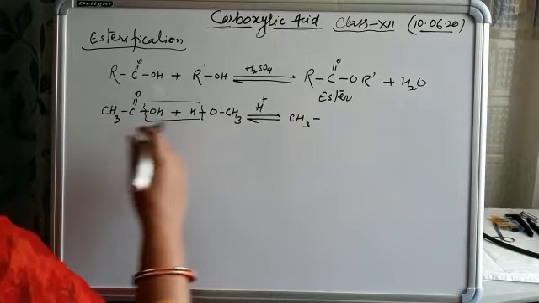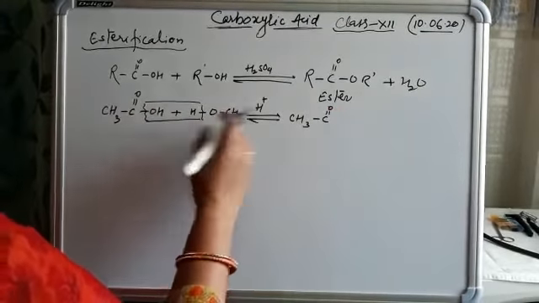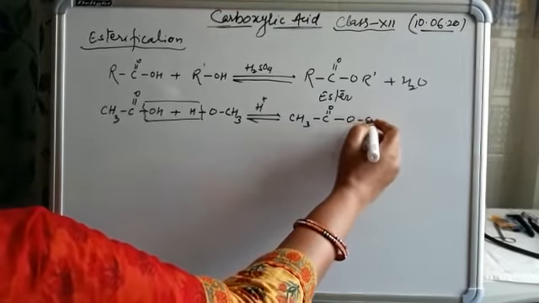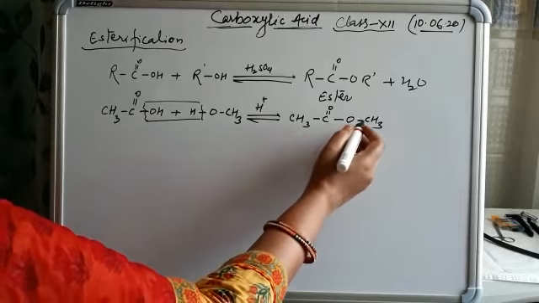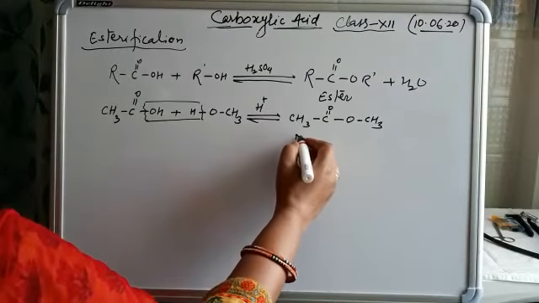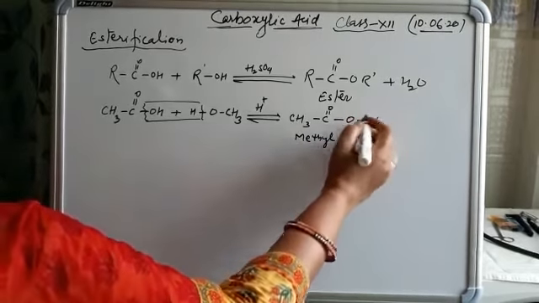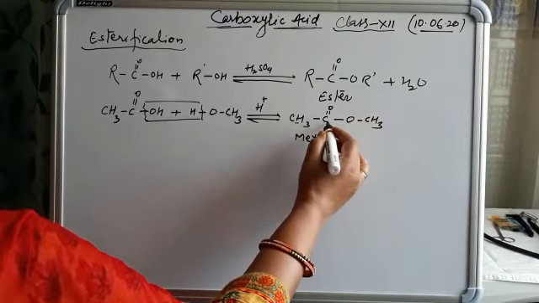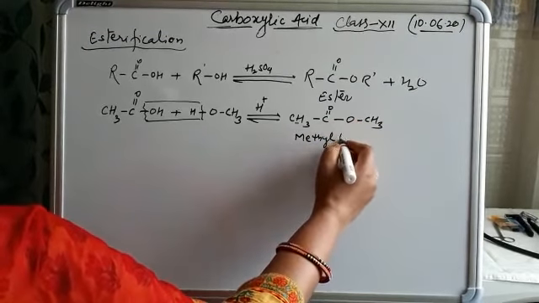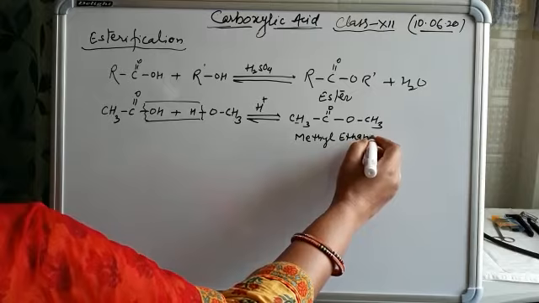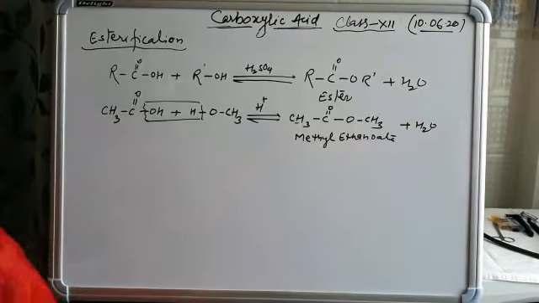So the formation of CH3COOCH3. The name of this compound will be methyl ethanoate. Methyl is this group, and this is the continuous carbon chain, so it becomes the parent chain. So this is the substituent, methyl ethanoate, and water will be formed.